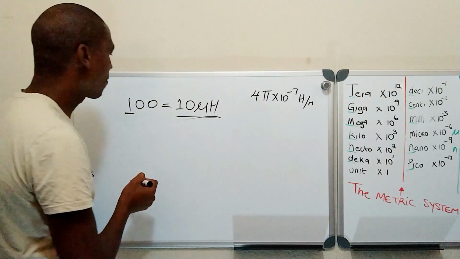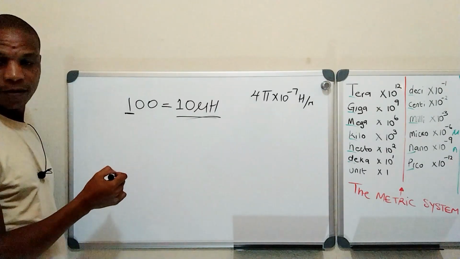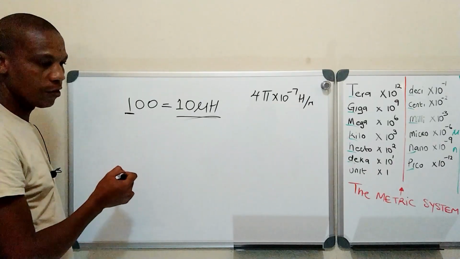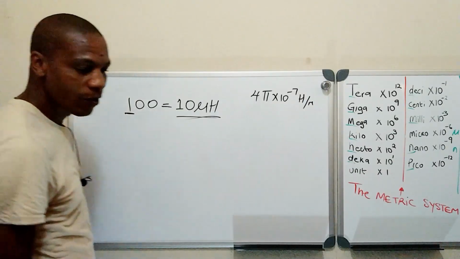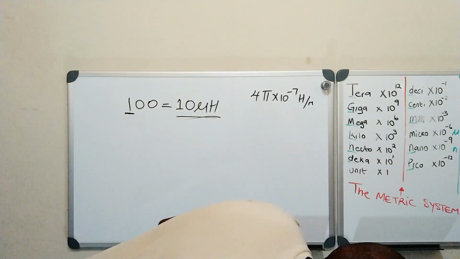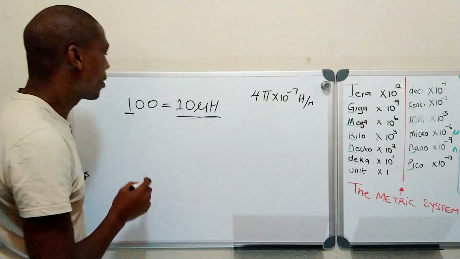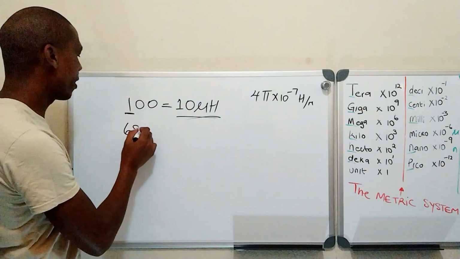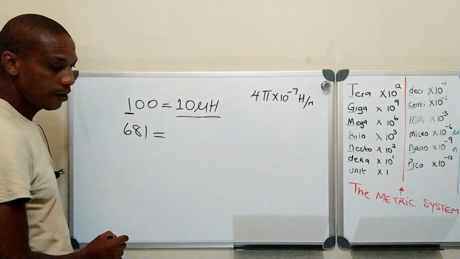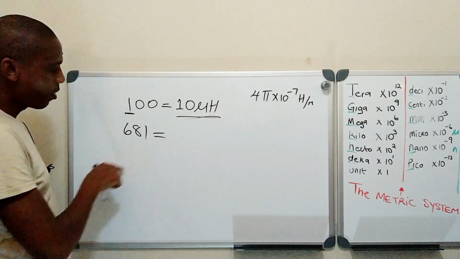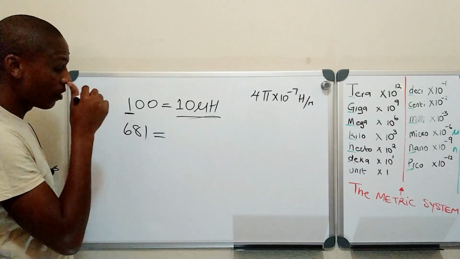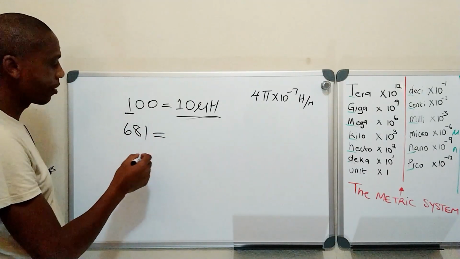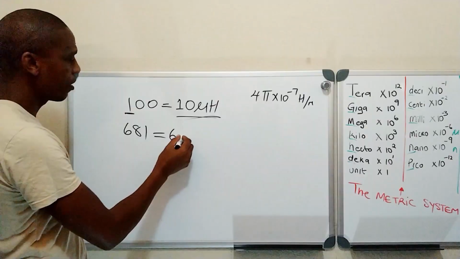Another number? The number, read there. What did they write there? 681. They wrote 681. So what is the value of that inductance of that inductor? It's 6, 8.